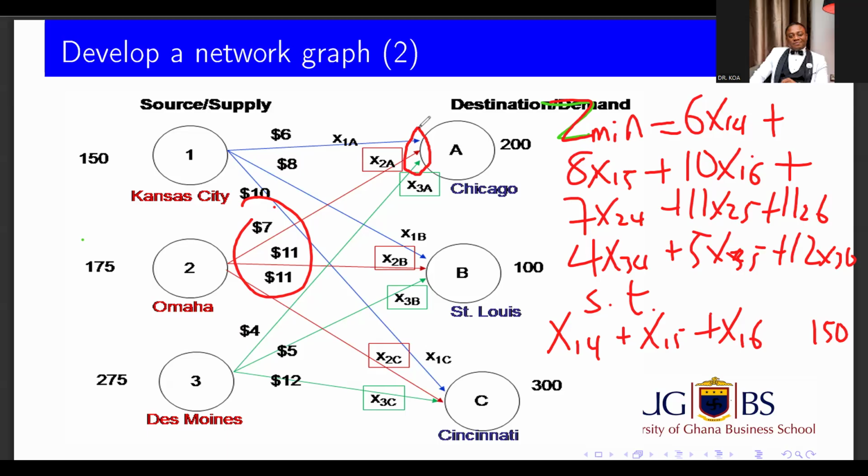Looking at our example here, are we dealing with a balanced or unbalanced? Simon. Balanced. Good. Whenever you are dealing with a balanced transportation model, all the constraints will have an equality sign. So the sign that should come here will be equal to 150.